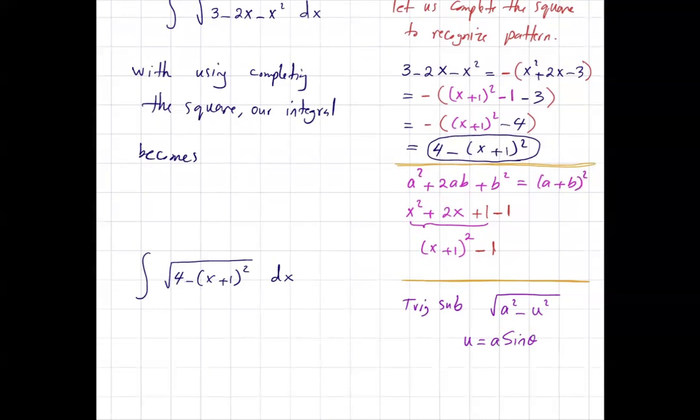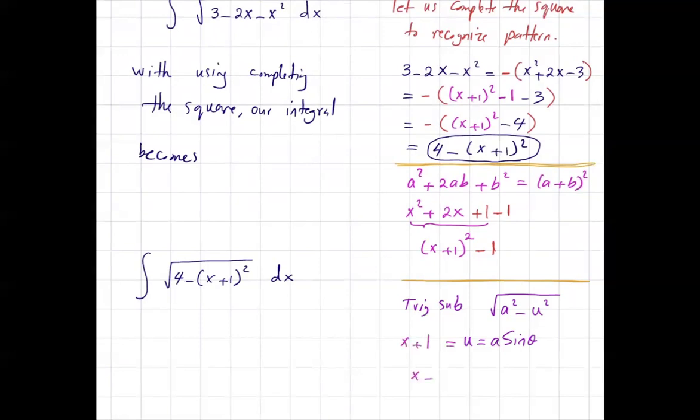This is the substitution that you're going to use because of the pattern of square root of a squared minus u squared. But what is u here? Well, u is a linear term. U in this case is equal to the quantity inside the parentheses, or x plus 1.